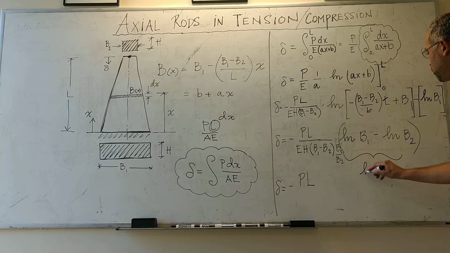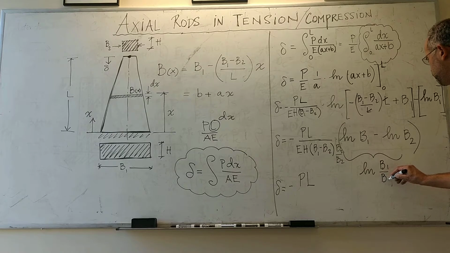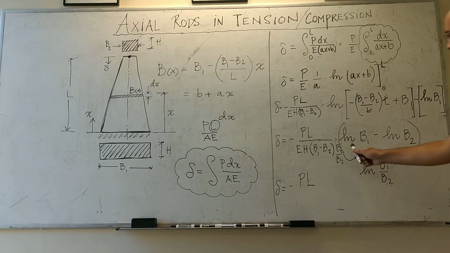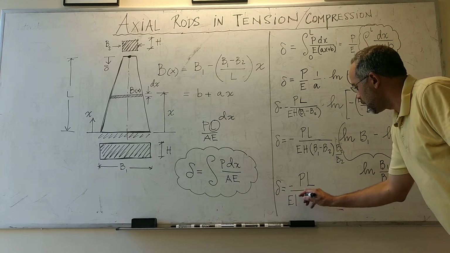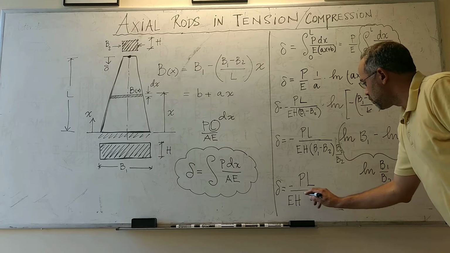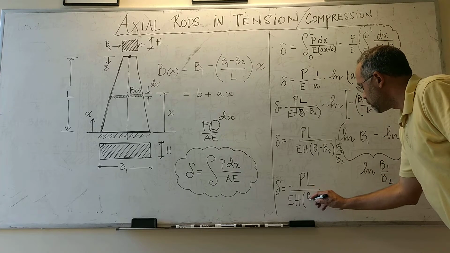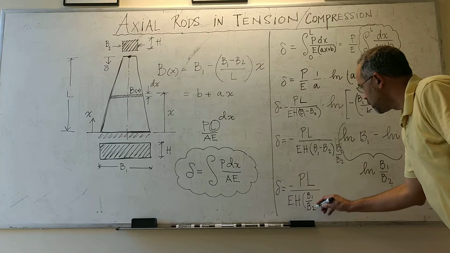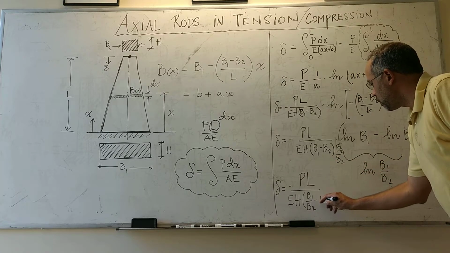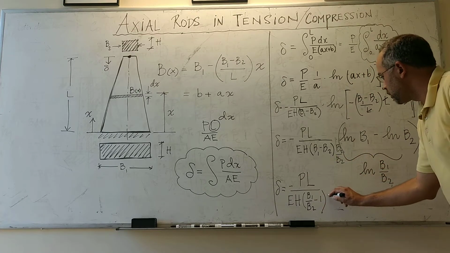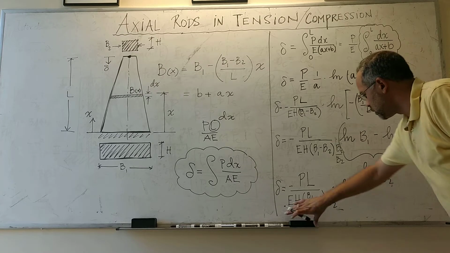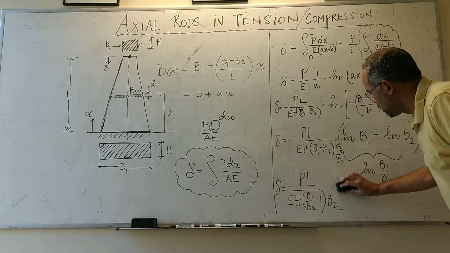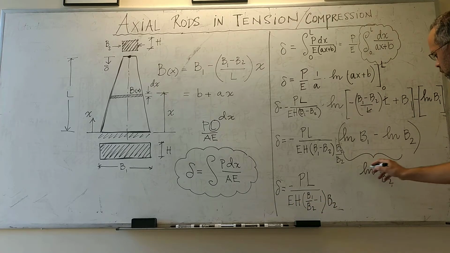So then this becomes log of b1 divided by b2. And here when we do this, we will have E, h, (b1 divided by b2 minus 1) times b2, all of that times this log right here, right?